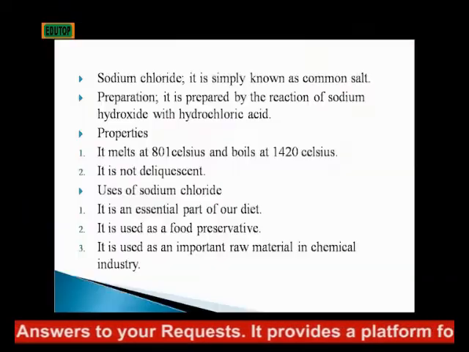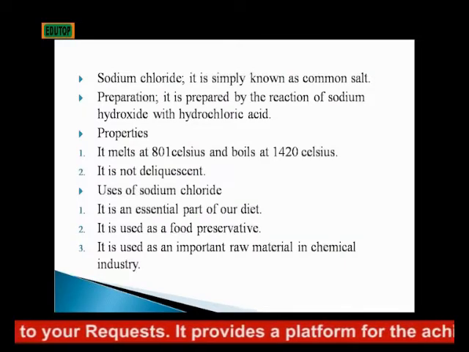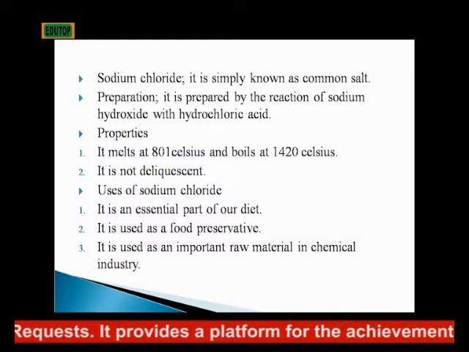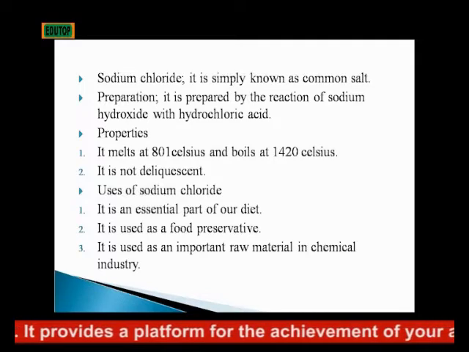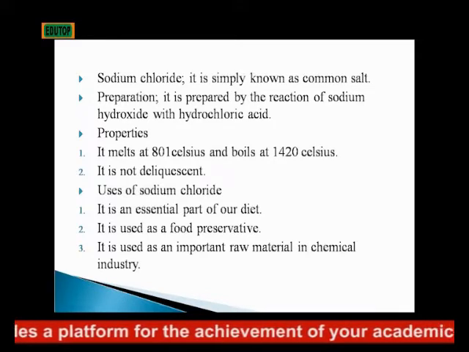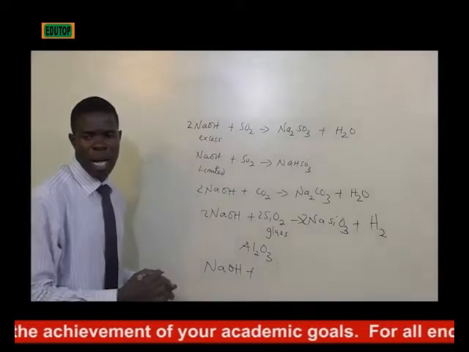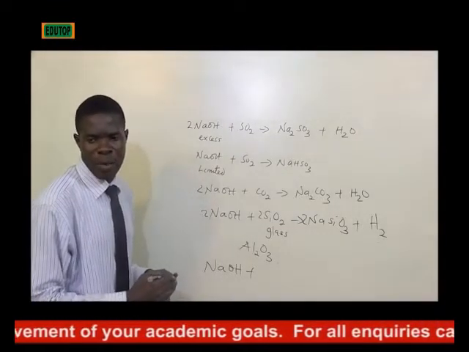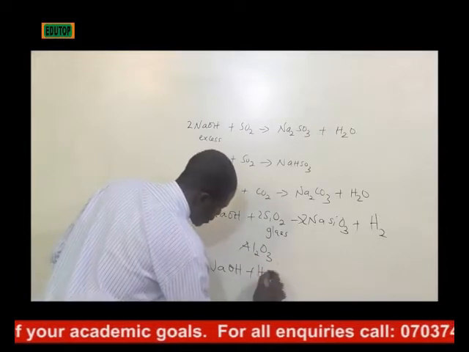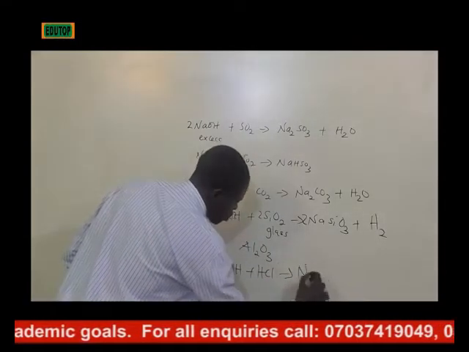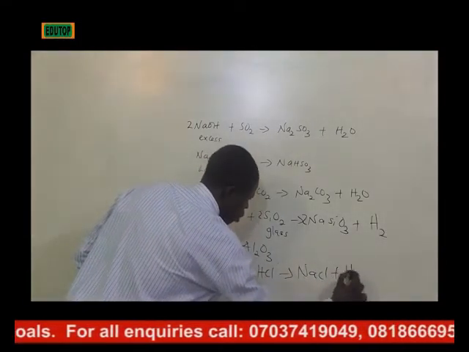Sodium chloride. Sodium chloride is simply known as common salt. Preparation. It is prepared by the reaction of sodium hydroxide with hydrochloric acid, where you have sodium chloride plus water.